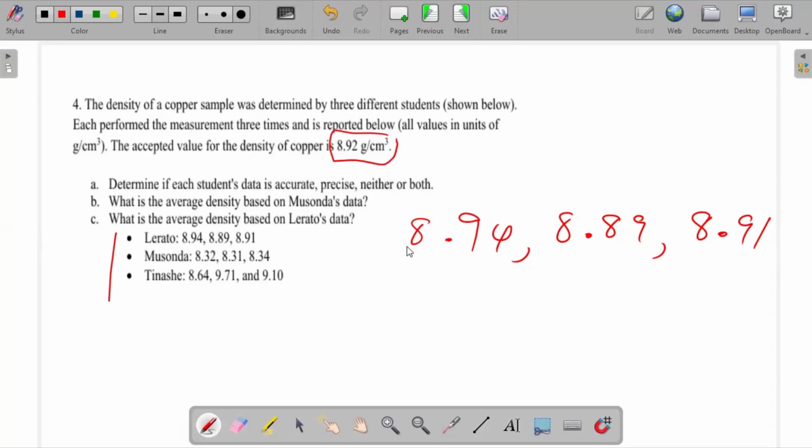I think it's both accurate. 8.91. It's close to 8.92, the accepted value. Because accurate doesn't mean that it's exact. It means that it's close to it. Okay. So if you look at the measurements, so if you look at the measurement that this laptop was getting, they are very close to the value that we've been given, right?